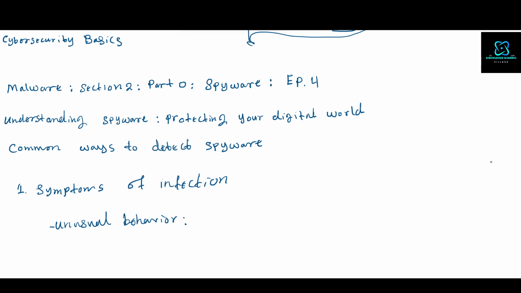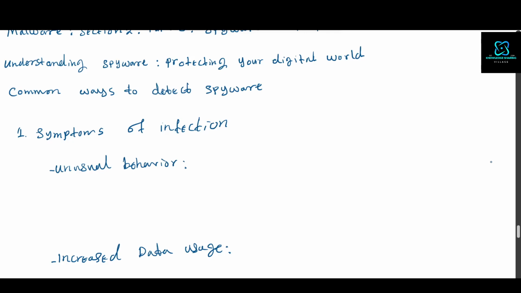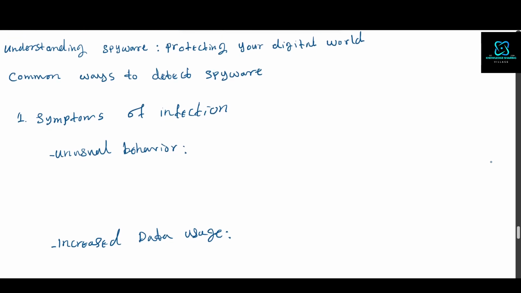I have categorized the common ways to detect spyware into four or five parts. The first is symptoms of infection.